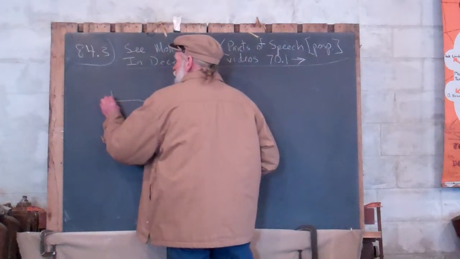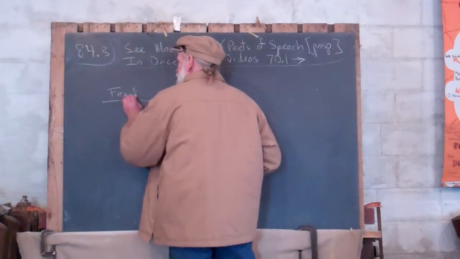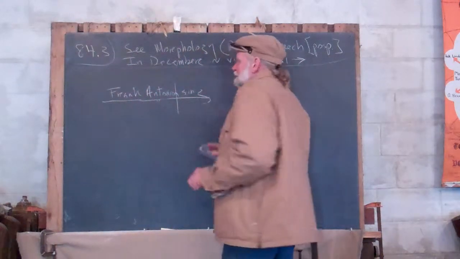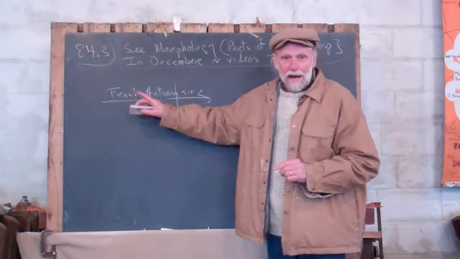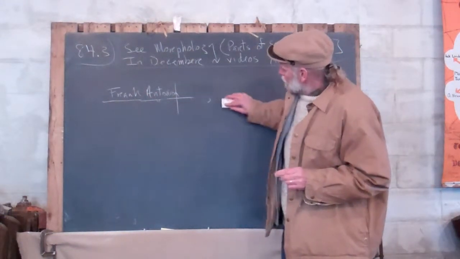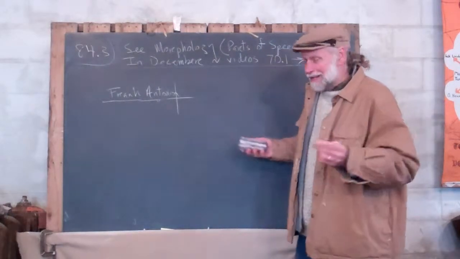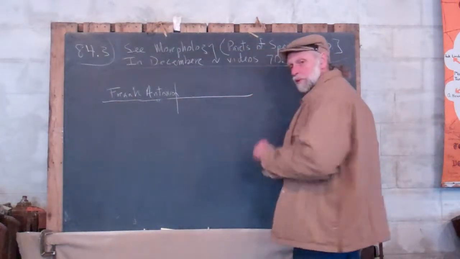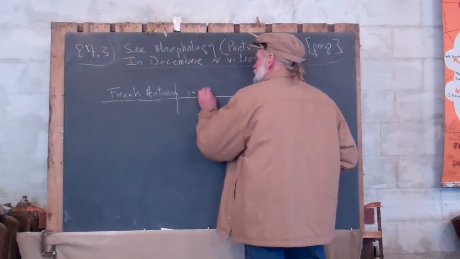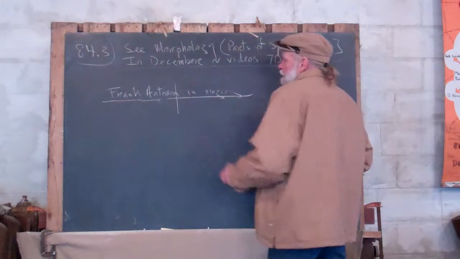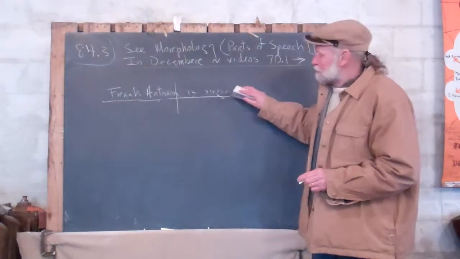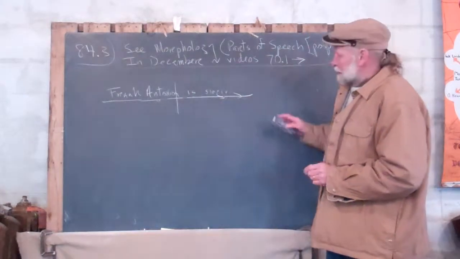I could say Frank Antonsen, in which case that's one noun, but it's two words. And the simple predicate could be more than one verb. I could say Frank Antonsen is singing, in which case we've got two verbs, but it's one simple predicate.